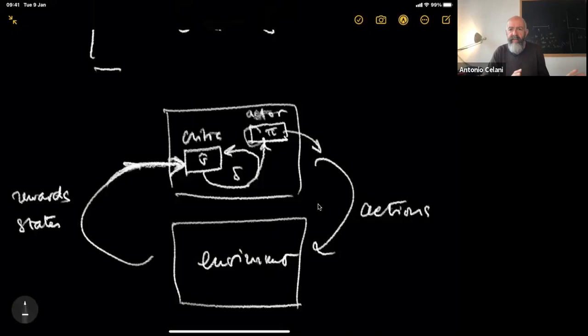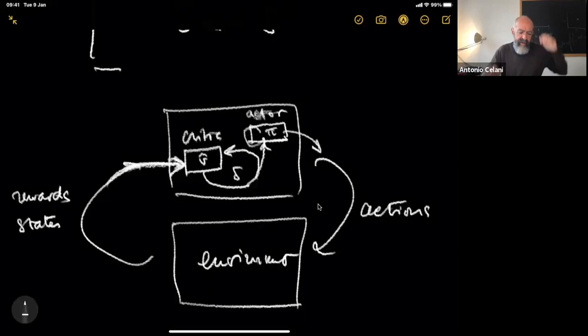The critic evaluates the current policy, so it says how far off the approximation is from the actual policy and how large the discrepancy is, and then communicates this discrepancy to the actor, which tries to use this information to optimize the policy towards its objective.